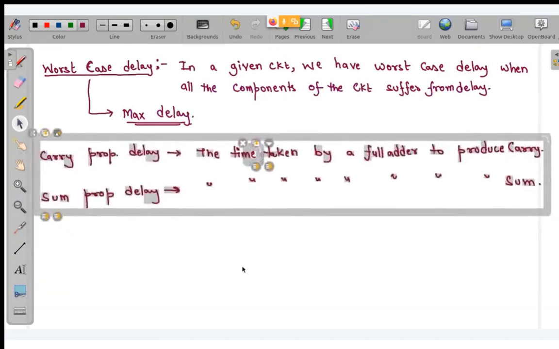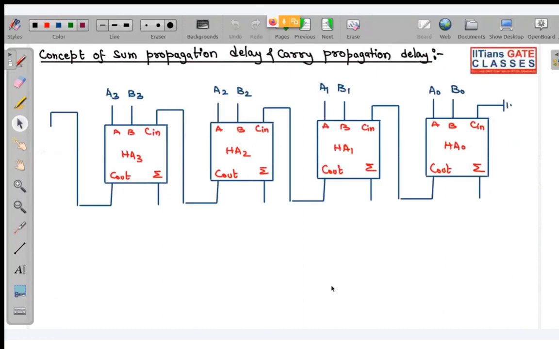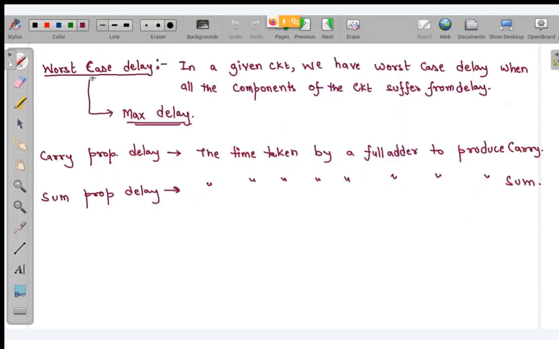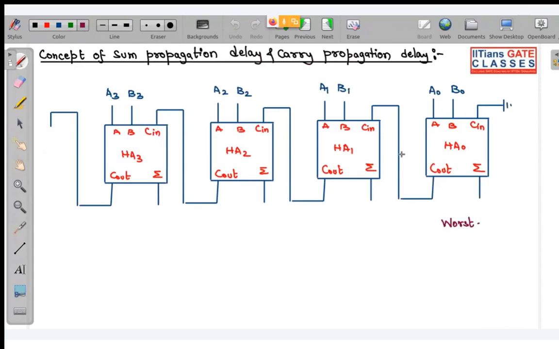If you guys have any doubt, you can ask immediately. Don't feel shy. Now let us assume that in the first case we have worst propagation delay.